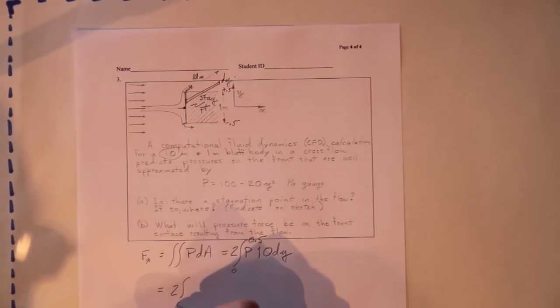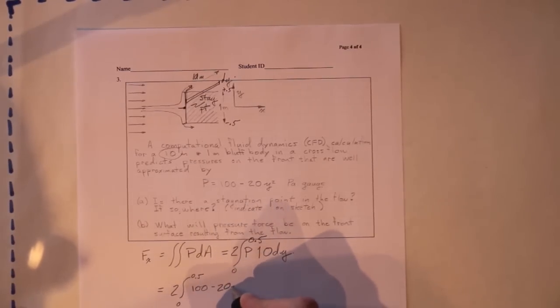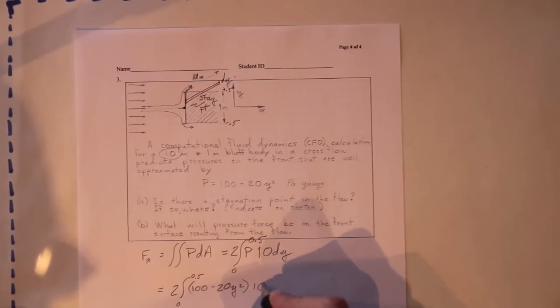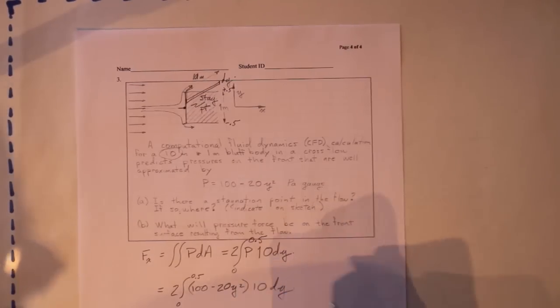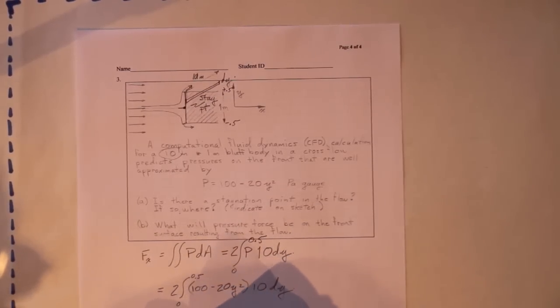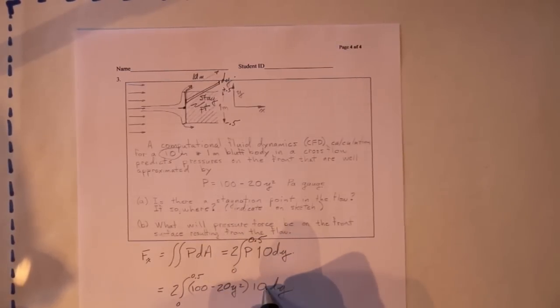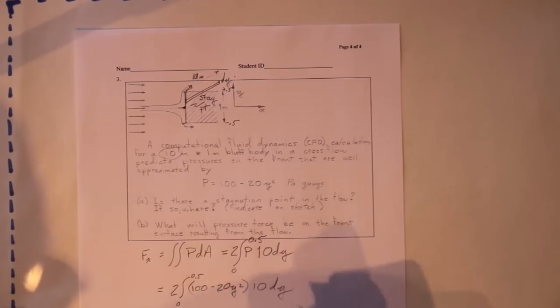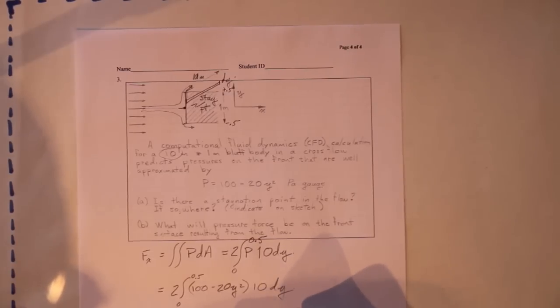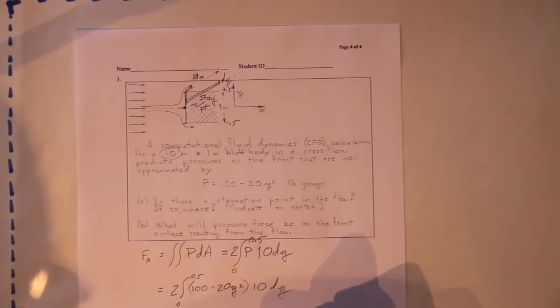That'll be equal to 2 integral 0 to 0.5, 100 minus 20 y squared times 10 dy. 100 times 10 is 1,000, integrated with respect to y is 1,000 y, minus, from there, 20 times 10 is 200, integral of y squared will be y cubed over 3, so 200 y cubed over 3. Evaluated at 0 and 0.5.